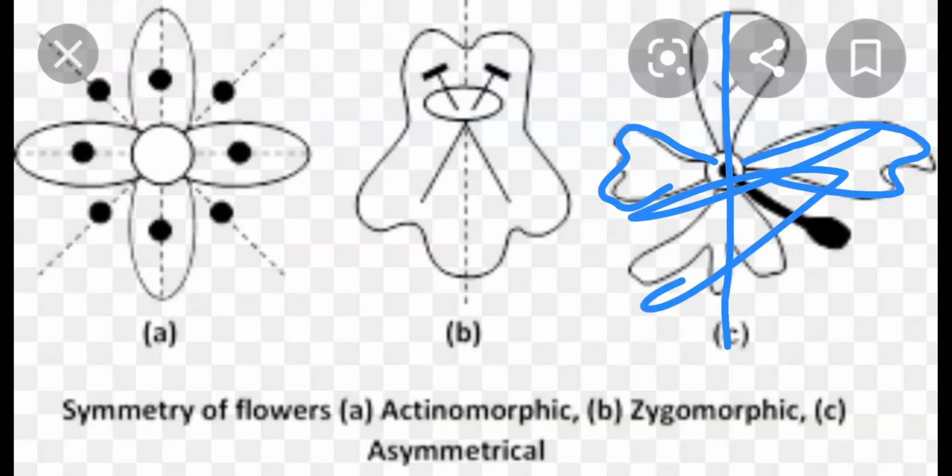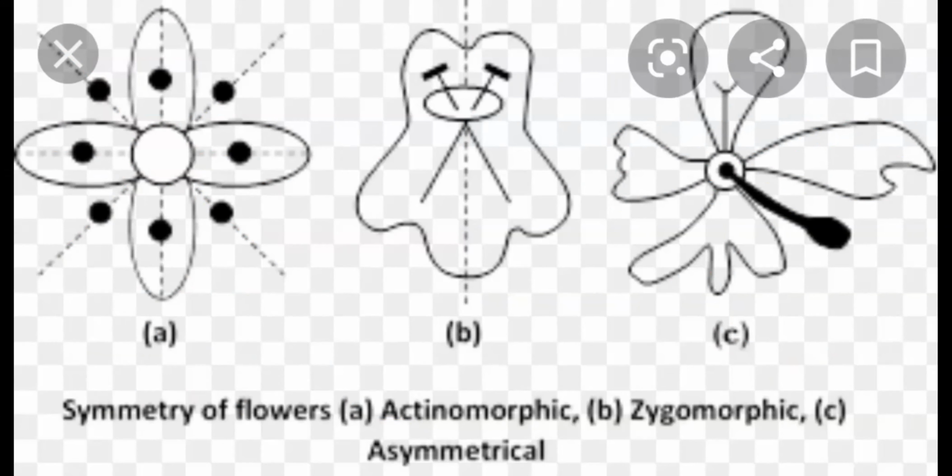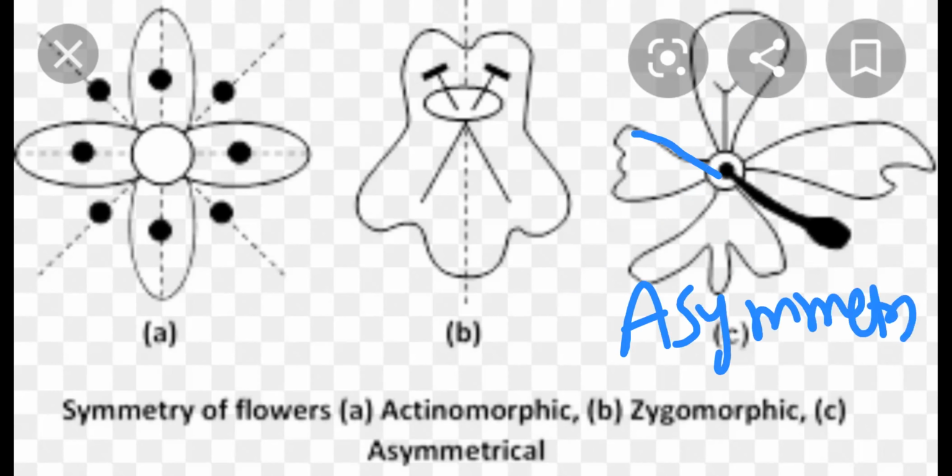Next, second thing, if the flower is divided in this form, then again on one side these two petals come, these two. See, this is asymmetry, because in all petals, if you can make out, different shapes are there.